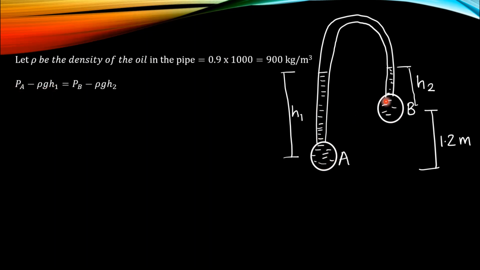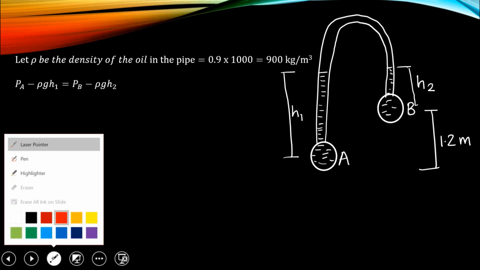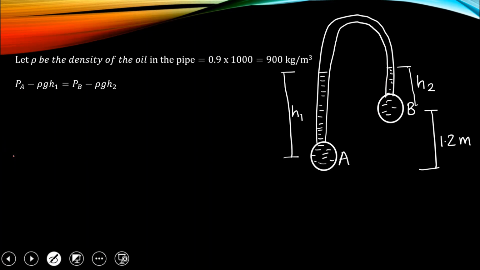Now let us draw a straight line, a datum line XX. At the datum line, the pressures at both points are equal.